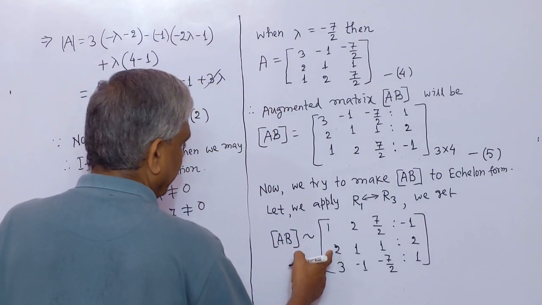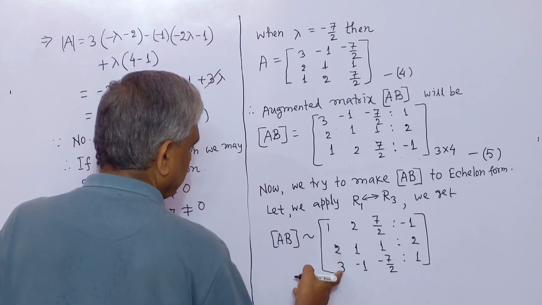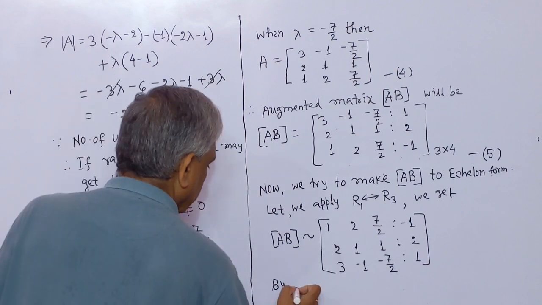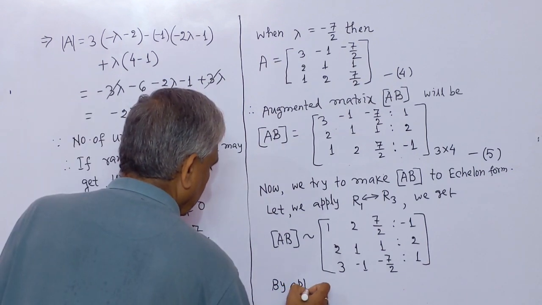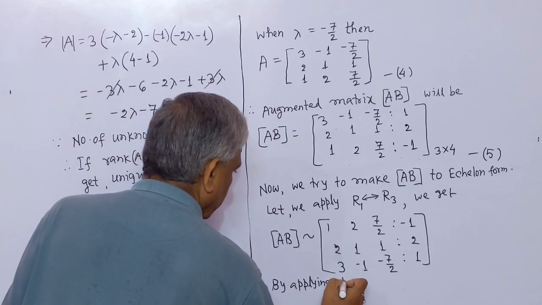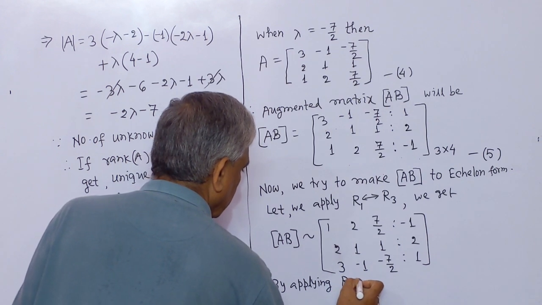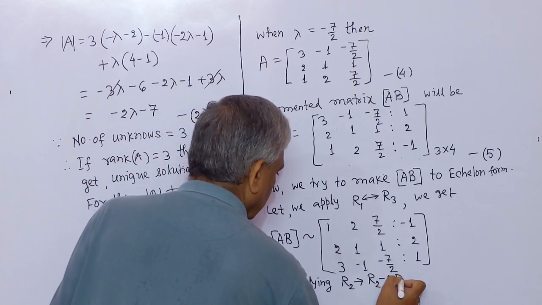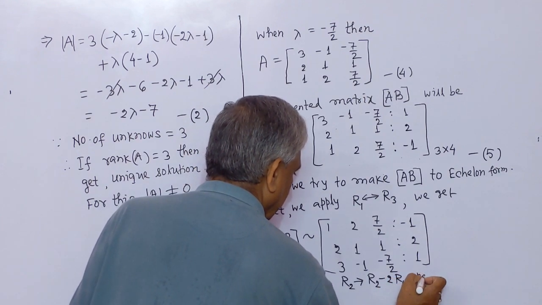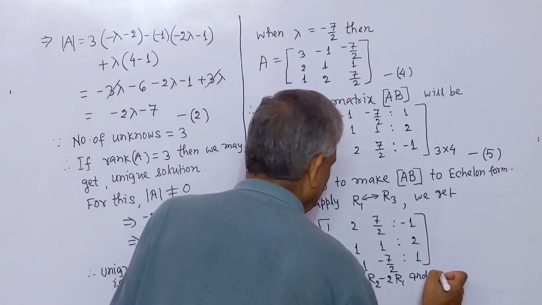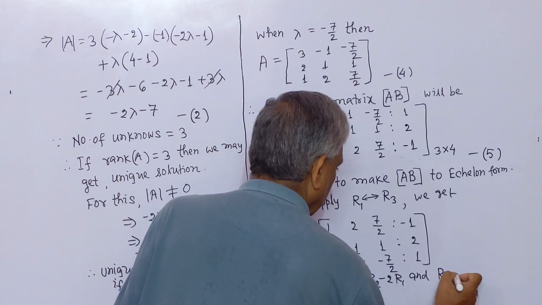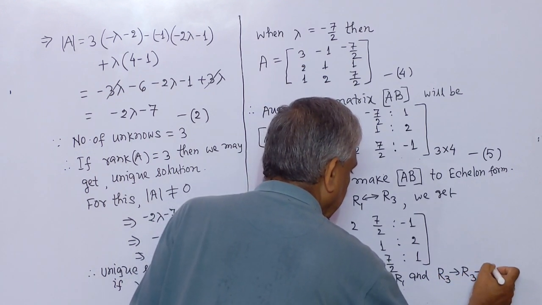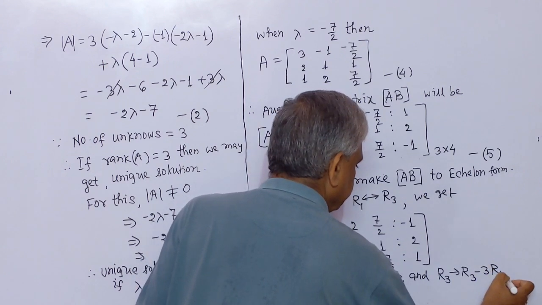Now we try to make 0 here and also here 0 by applying, in place of row 2, row 2 minus 2 row 1, and in place of row 3, row 3 minus 3 row 1.